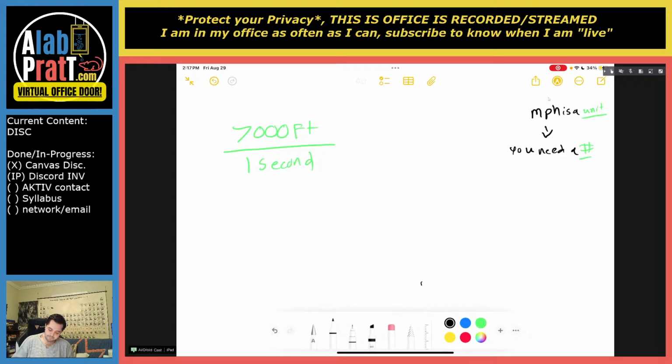You need a number to compare, let's say 60 miles per hour to meters per second. We have to, and this is going to be where the lecture is going, we have to convert.